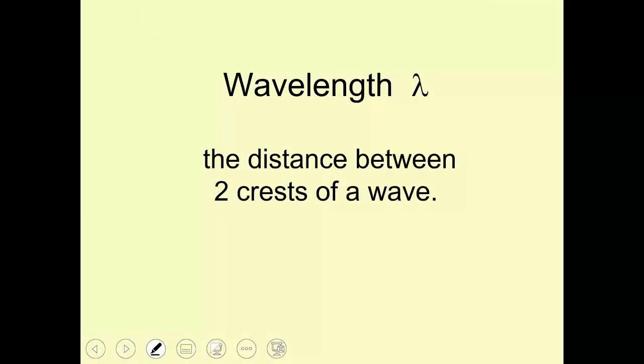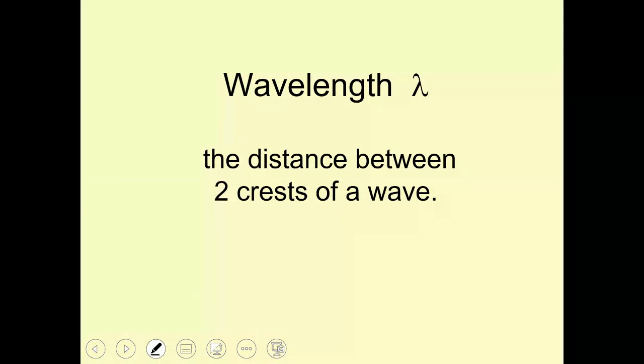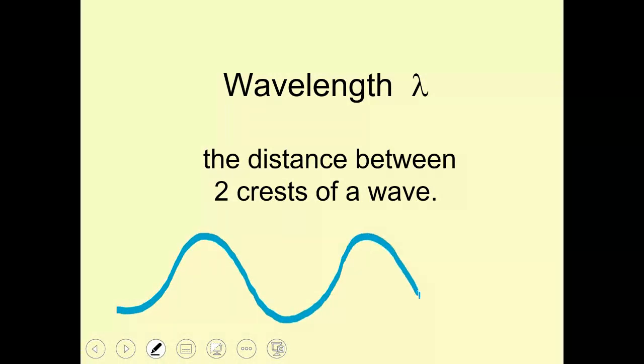So this lesson is about what's referred to often as the wave model of light. And in the wave model of light, we view light as energy that is traveling in a wave. And there's lots of evidence for that.